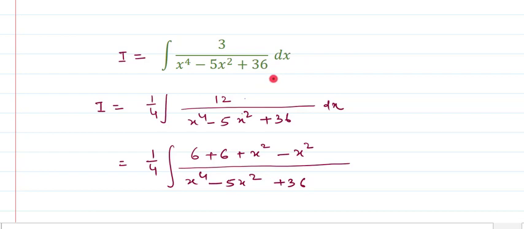You will think one thing: when we started, we were saying that if the function is of the form quadratic upon biquadratic, then we will apply this method, that is, put x minus 1 upon x as t or x plus 1 upon x as t. But here we have constant upon biquadratic. So what are we doing?